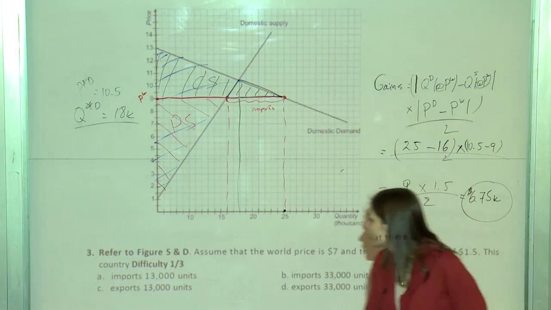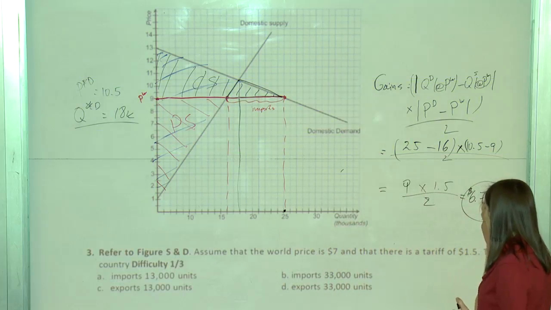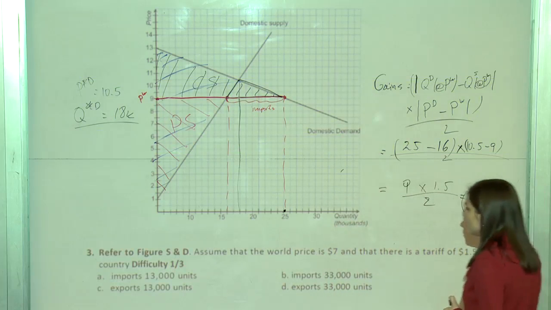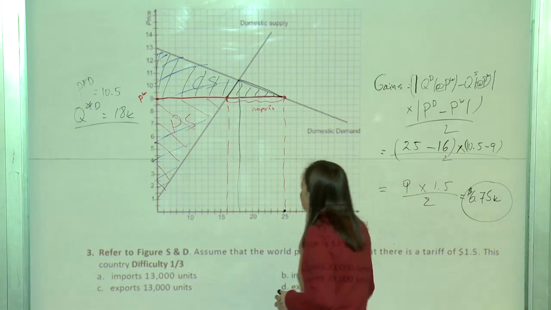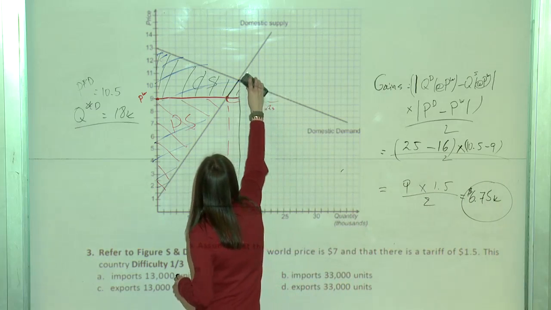All right. Third one. Assume that the world price is $7 and that there is a tariff of 1.5. What would this country do? All right, so let's get rid of this.